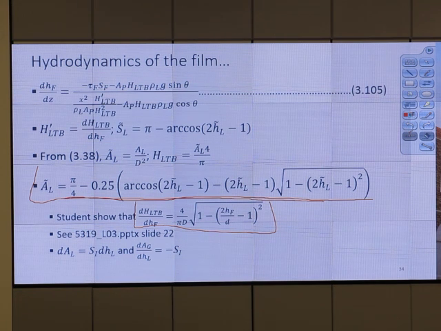Similar to the exam, right? If you recall, dA_G by dH_L equals minus S_i. You can use this one, right? And start from here, take the derivative with respect to h tilde first and the h tilde by the h later. You get this.